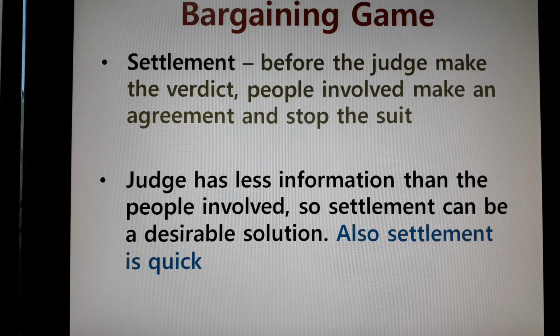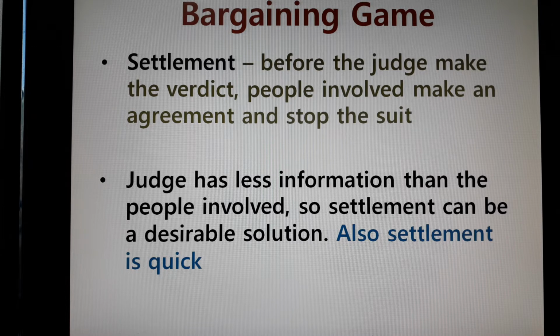However, in real life, especially in America, the judge hardly has a chance to do something. Even before going to the judge, my lawyer and my neighbor's lawyer talk about it, and they give me advice. First, if you go to the court, your chance of winning is very low, and you will spend tons of your time and tons of money, and after 1 or 2 years, you will lose, and then you lose more money and waste your time.